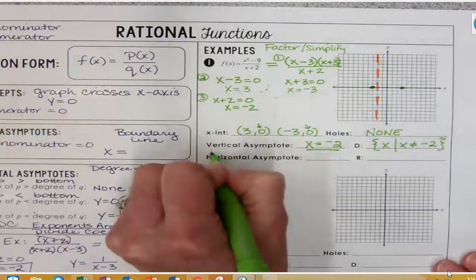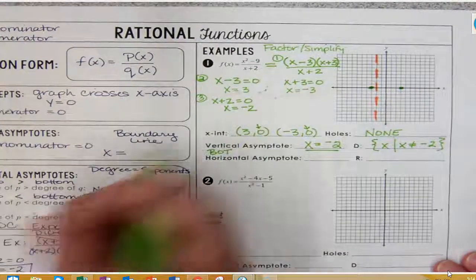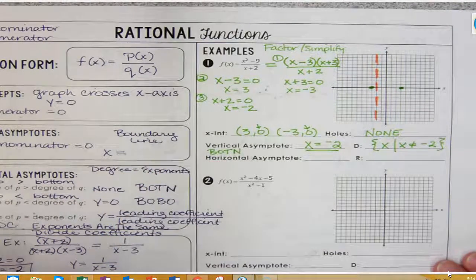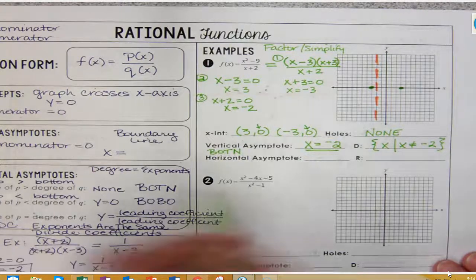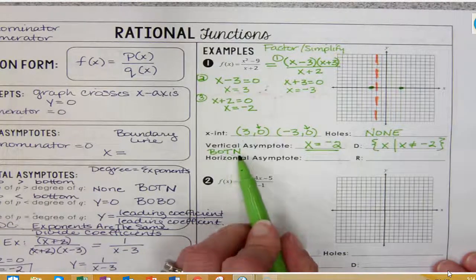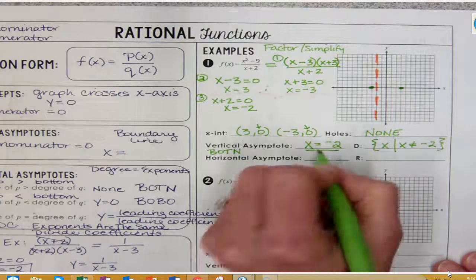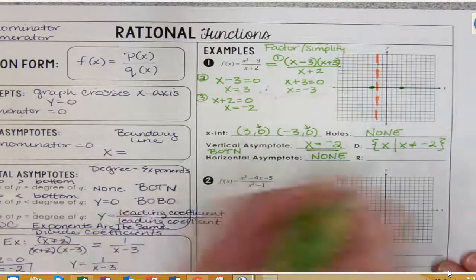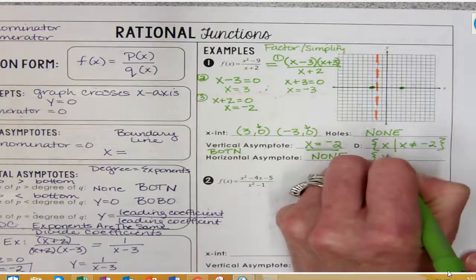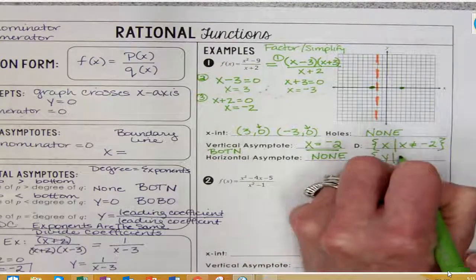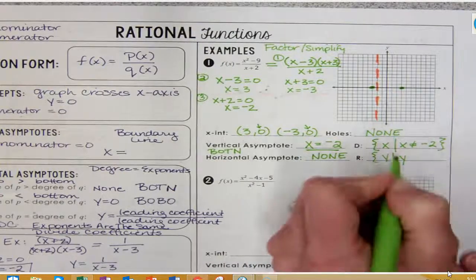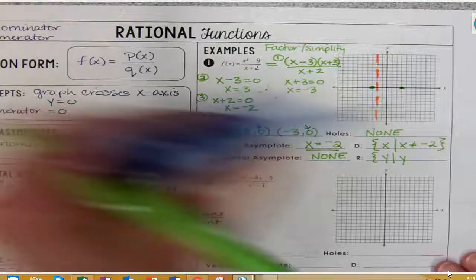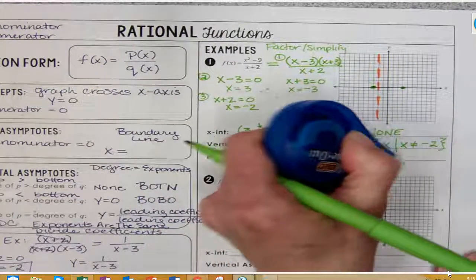So if I have bigger on top, that's going to be my Bobo. So bigger on top, what kind of a horizontal asymptote am I going to have? None. I don't have one. So my range is not limited at all. I'm going to have a full range. So my range is basically going to be all real numbers.